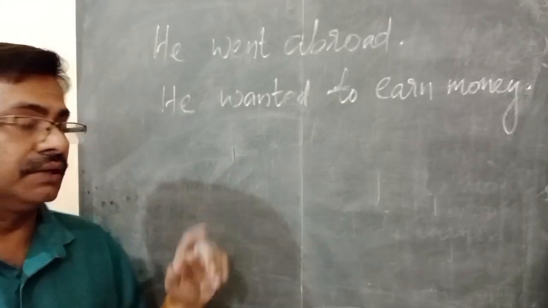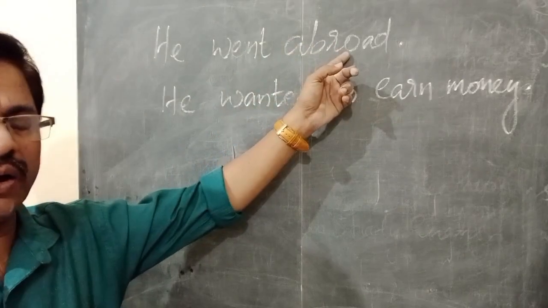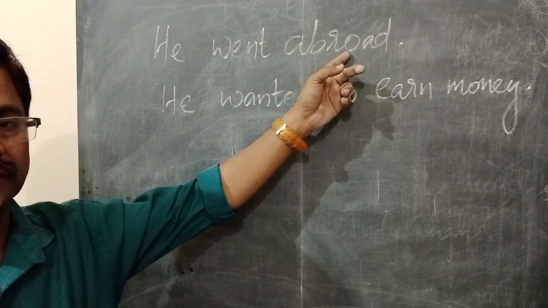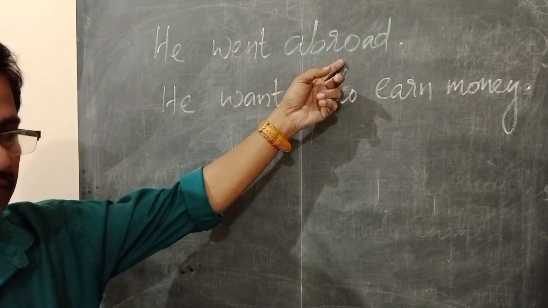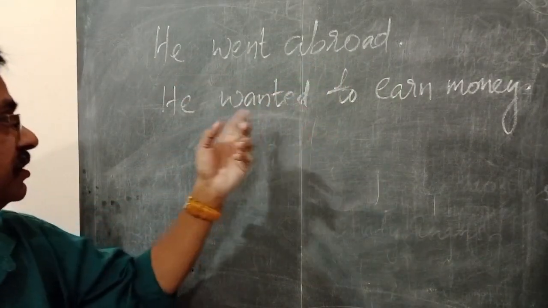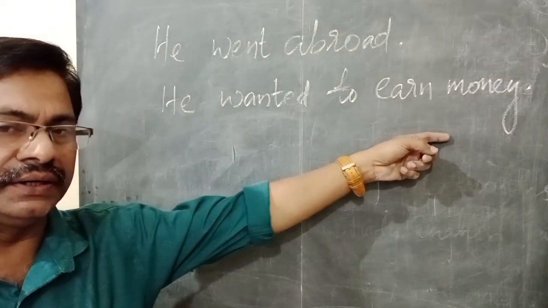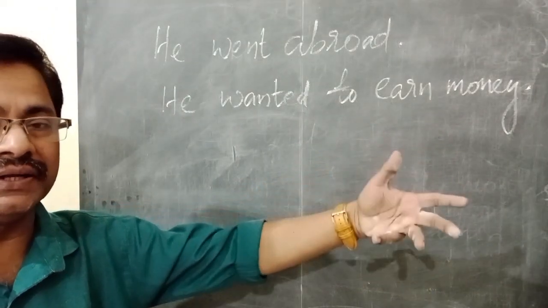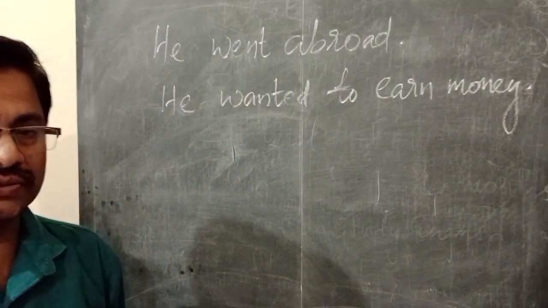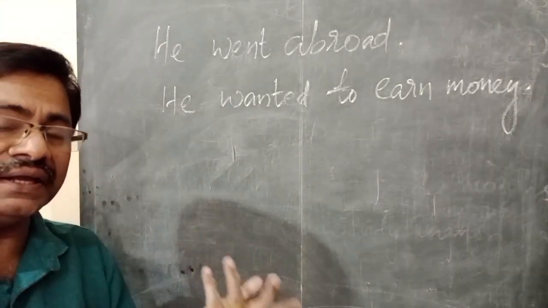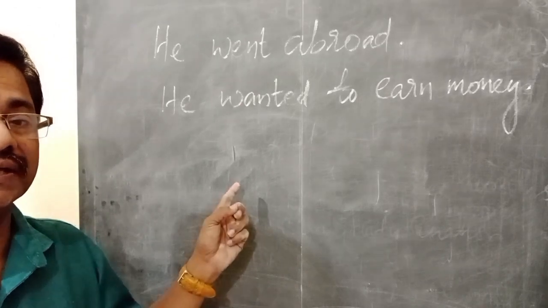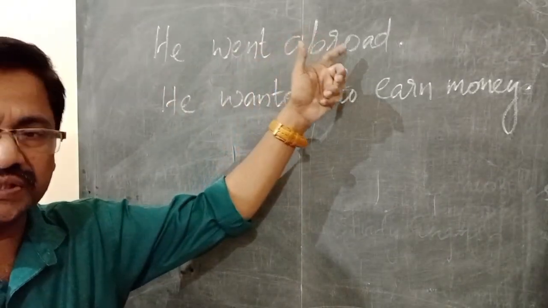Now look at another example. He went abroad. He went abroad means he went to a foreign country. What purpose? He wanted to earn money. In order to earn money, he went abroad. How can we rewrite this sentence using so that? You can write the first clause.